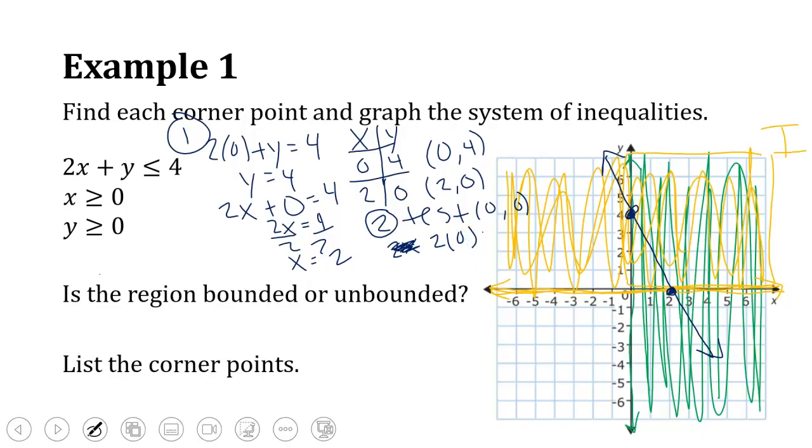So 2 times 0 plus 0, and then bring down my inequality. Is the mouth opening to the bigger number? Yes, it is. So that means 0, 0 is included in our shade. So we are going to shade to the left.